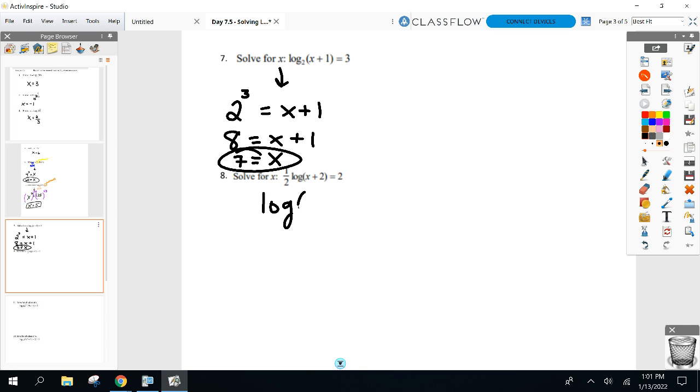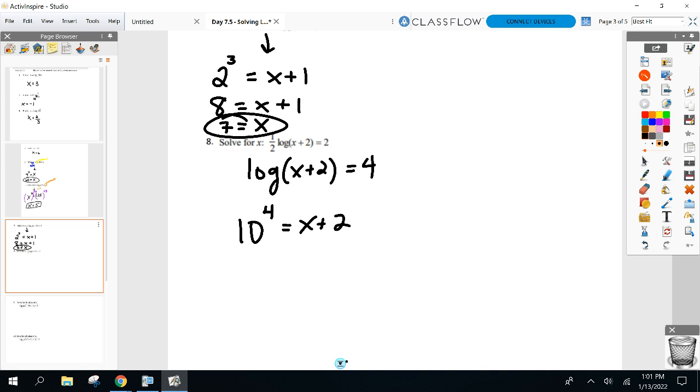I get log x plus 2 equal to 4. Nobody sees a base, but it's 10 if I don't see one. 10 to the 4th, whatever's on the other side of the equal sign, equals x plus 2. No base is showing, it's a 10.